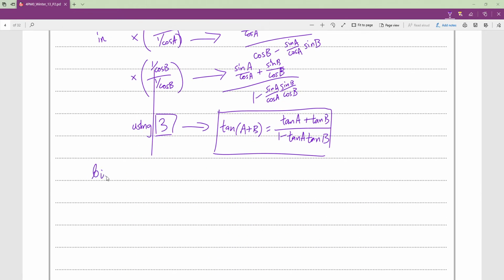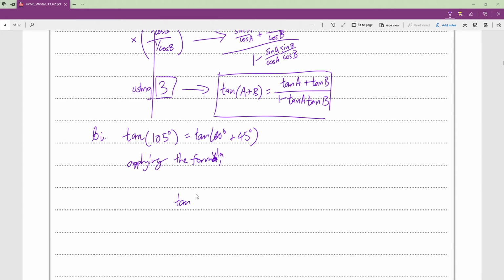So let's say tan 105 degrees is equal to tan of 60 degrees plus 45 degrees. Applying the formula we have worked out, tan of 60 plus 45 is (tan 60 plus tan 45) over (1 minus tan 45 tan 60).